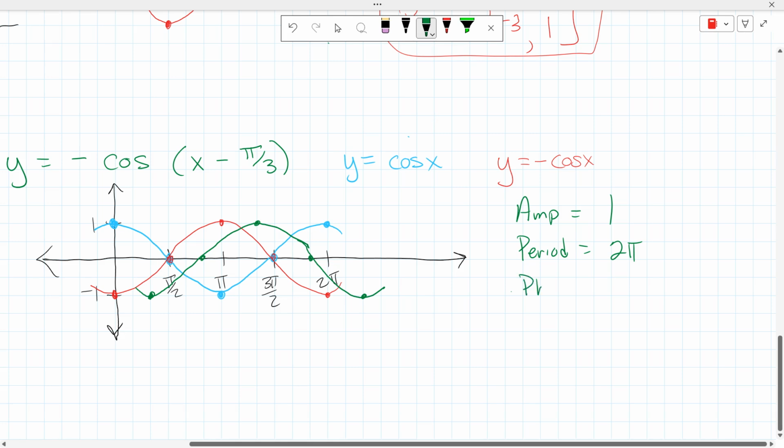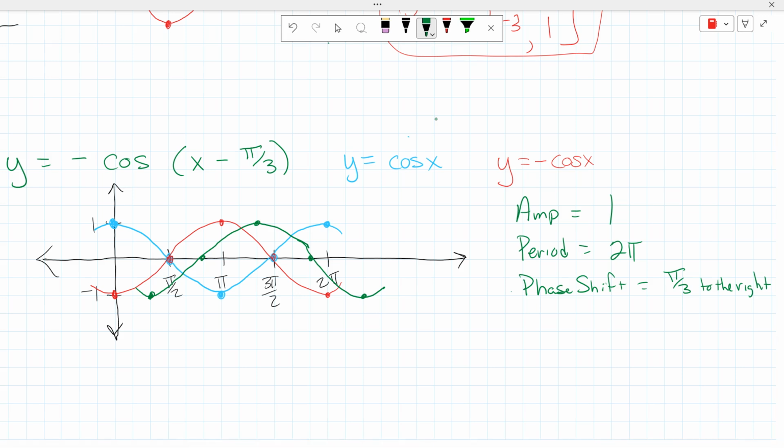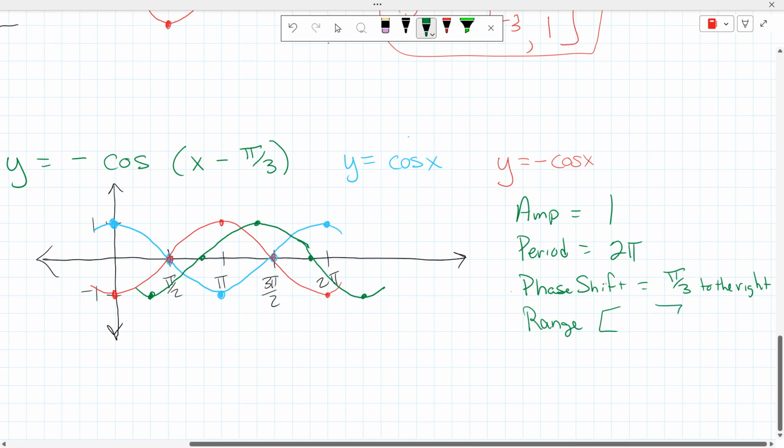Phase shift. How far did I move in which direction? Pi over 3 to the right. Tell me how far in radians and tell me which direction. And then the range, lowest to highest. -1 to +1.